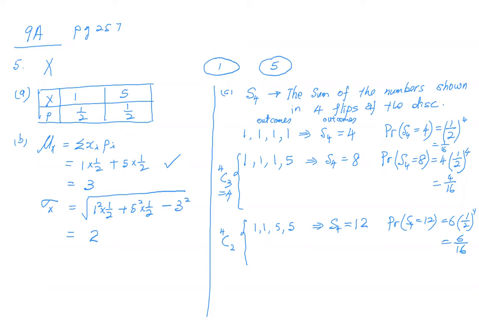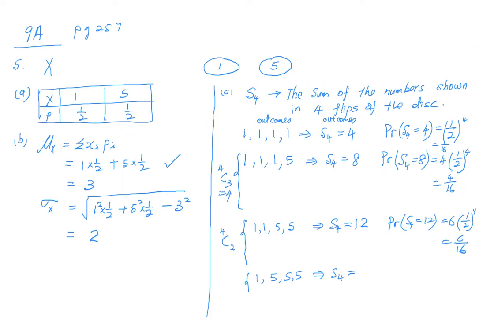Okay, then I also can get three 1s and one 5. So this is another possible outcome. So my S4 will be, Junjae, S4 will be 16, is it?